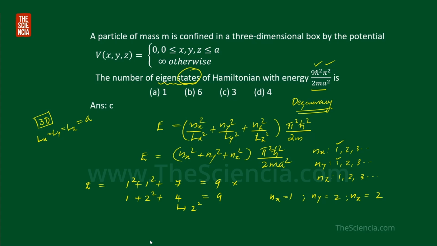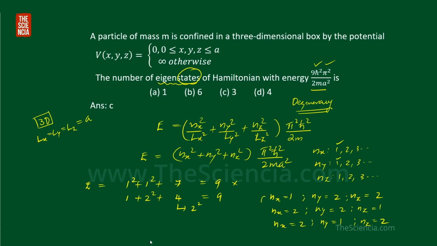We can interchange these terms, that is, we can take nx equal to 2, ny equal to 2 and nz equal to 1. Then we also get the same value 9. Another combination is also possible, that is nx equal to 2, ny equal to 1 and nz equal to 2. Again we get the same value 9, right?